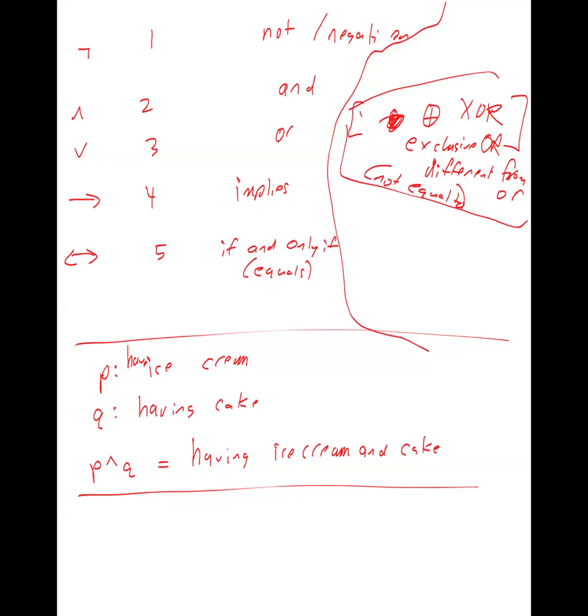Now let's do an or. Now this one's confusing at first if you're in a real life situation. So what does P or Q mean? Yep, having ice cream or cake. Now here's why it's confusing. This is kind of like in math, the logical things are kind of like being admitted into the press room or something.